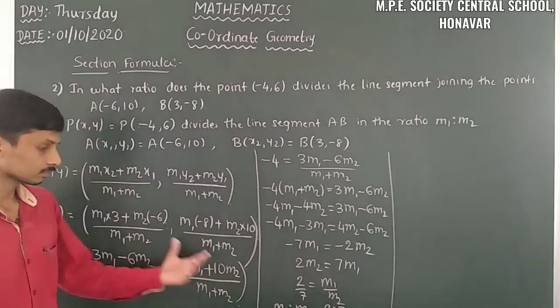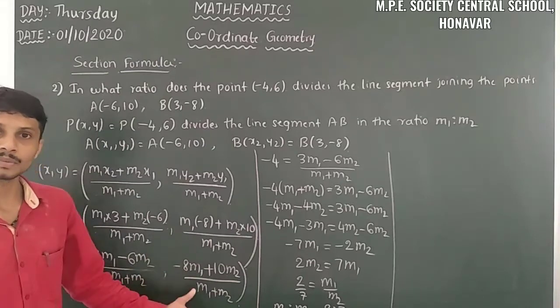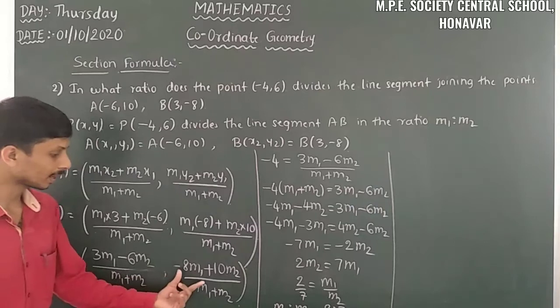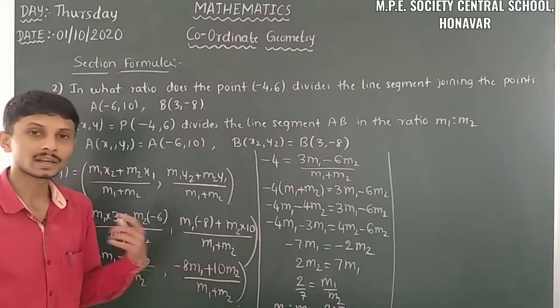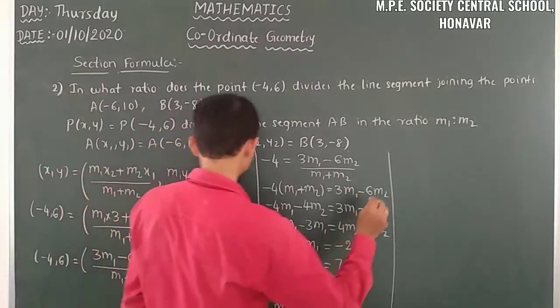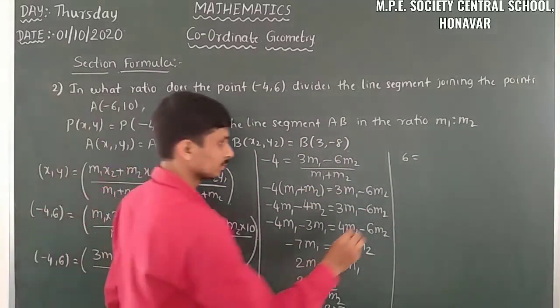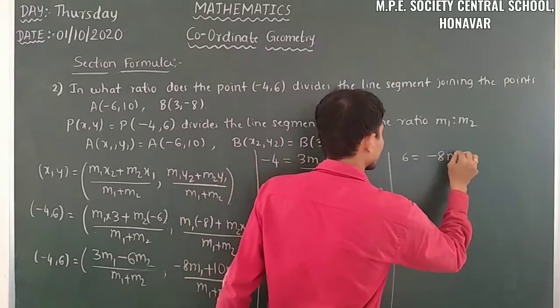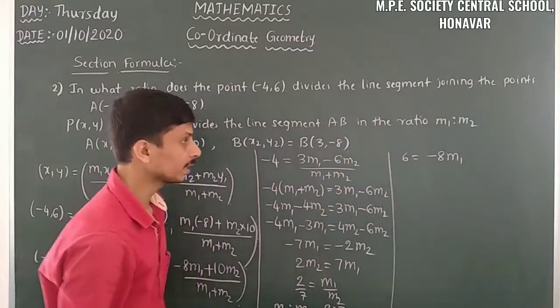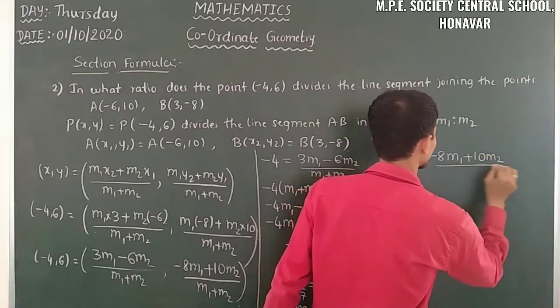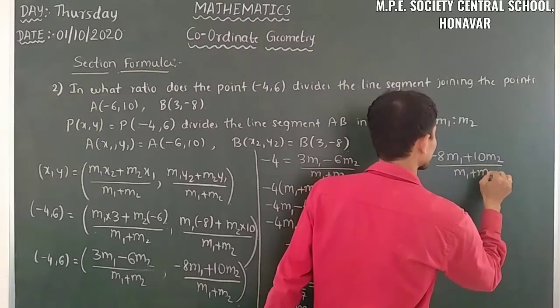Let us check whether the same appears in this case also. So take 6 is equal to minus 8m1 plus 10m2 by m1 plus m2.